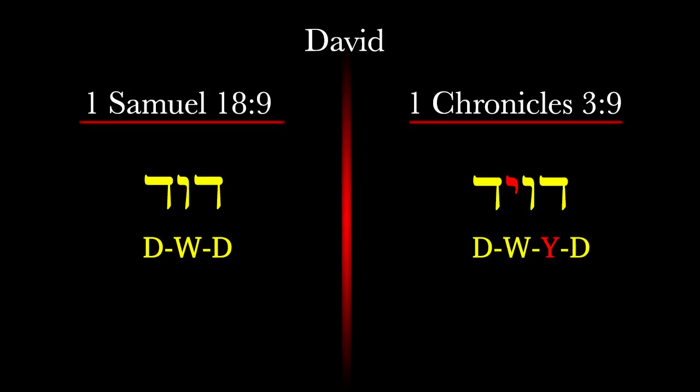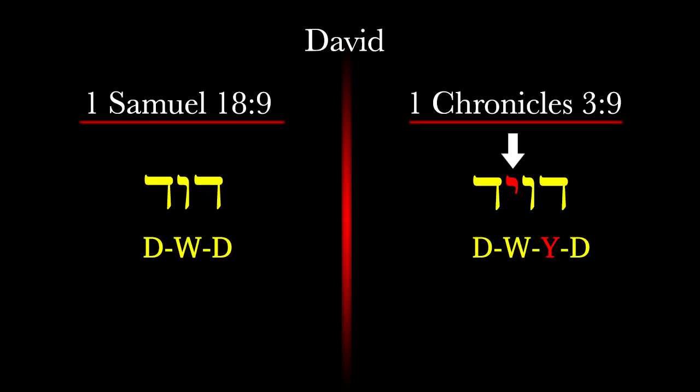So why is David's name spelled two different ways? Because this is an example of how Matres Lectionis works. Using this system, the Aleph, the Hey, the Waw, and the Yod can be used as vowels. The Y that we see here in the name David is not used as a consonant letter.